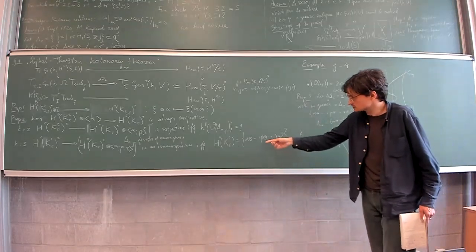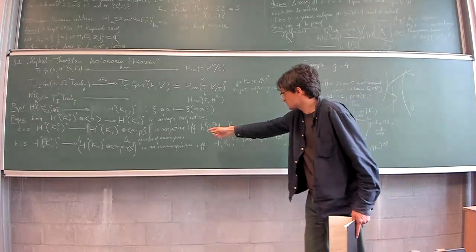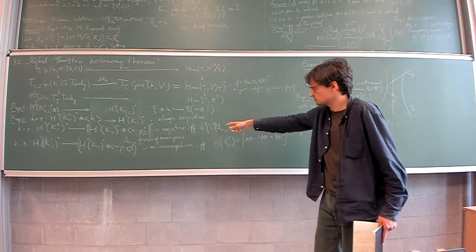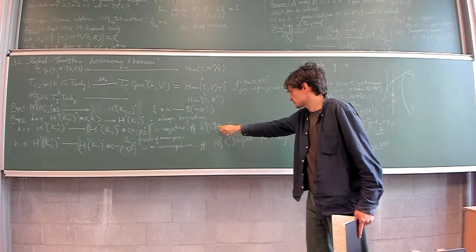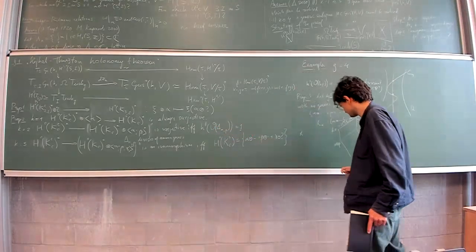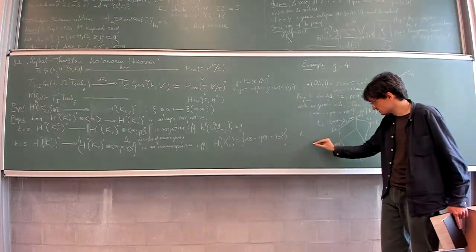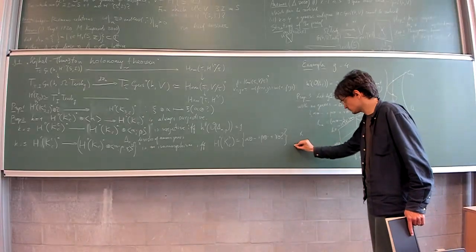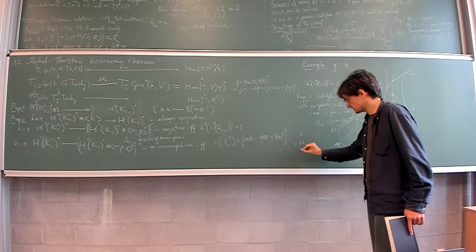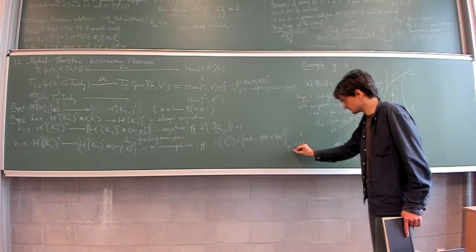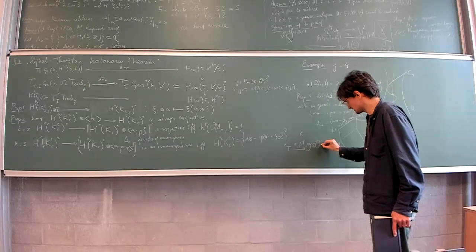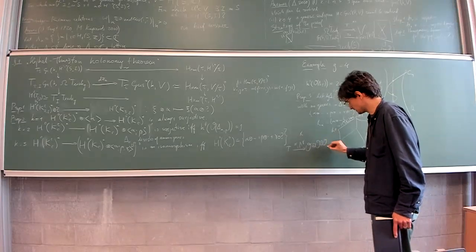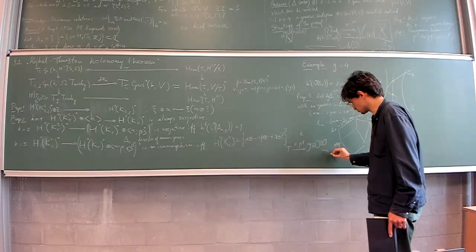And this kernel can be identified with H1 of the... Here it would be something else. Actually, it's quite easy to write it down. So we consider the triple alpha, beta, and gamma as a map from the tangent sheaf to O plus O plus O, and take the quotient.